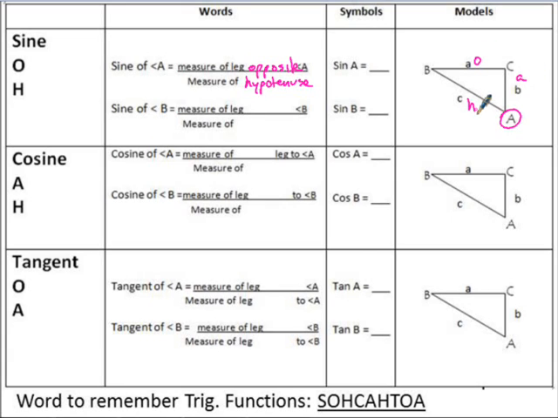Adjacent means next to, so we have the side next to it, the side opposite, and then the hypotenuse. So the sine of angle A for this model would just be A over B. The sine of angle B is the same relationship: the side opposite to B and the hypotenuse. So the sine of angle B would just be B over C. And I don't know why I put B here. Sorry about that.